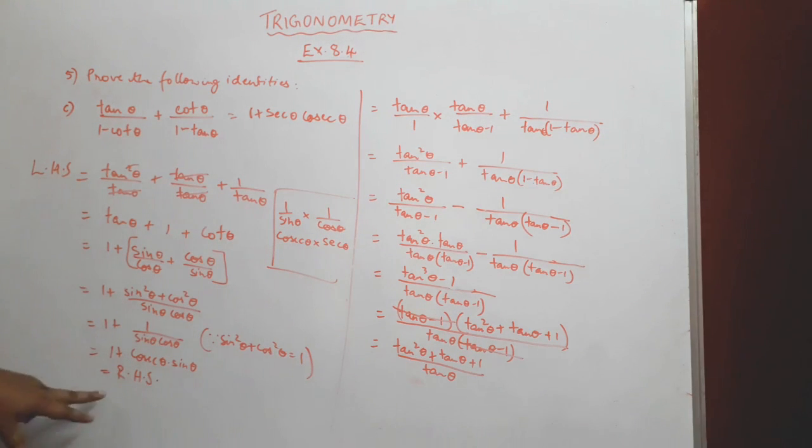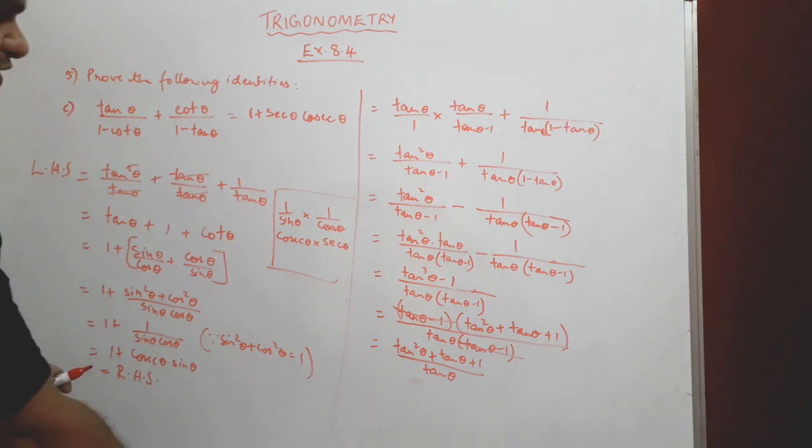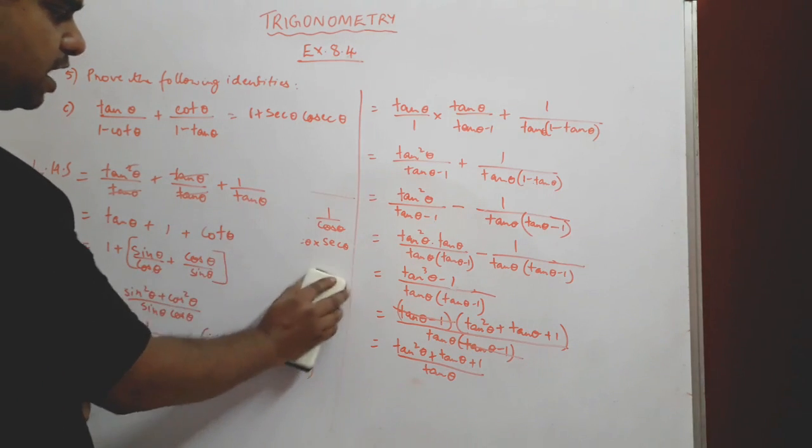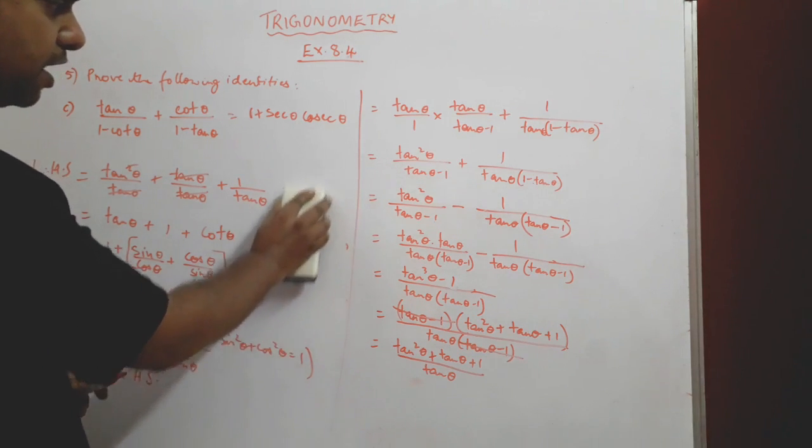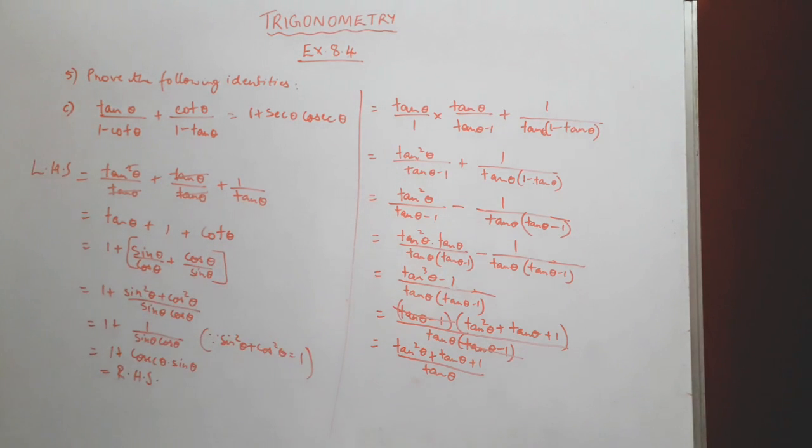Okay, so this is how we get a long problem, but this is how we solve. As you solve more and more problems, you will be able to understand which route to take, how to solve, what to keep, what to exclude, what to get rid of. Okay, this happens with practice.